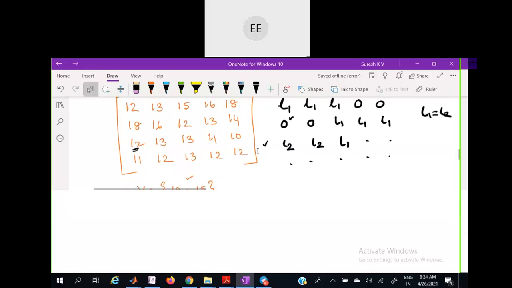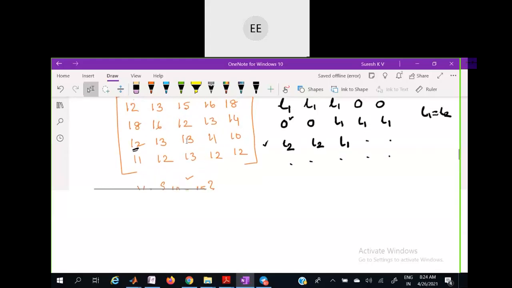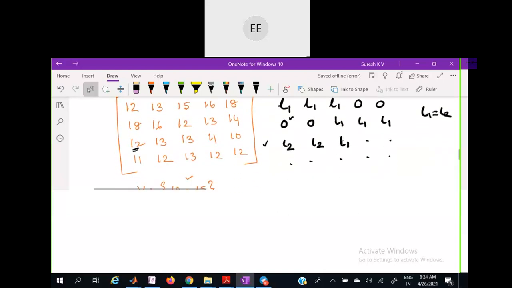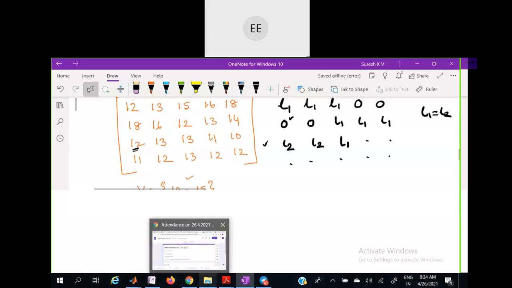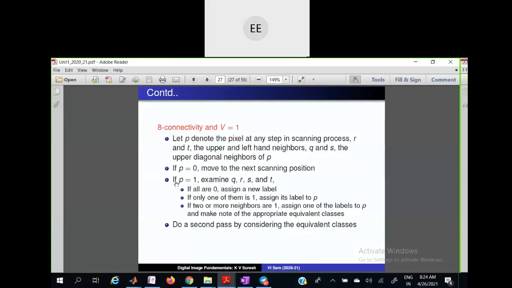I'll be happy if any of you develop code for a general image where the algorithm takes V as the input, what range you want to define, and then passes over the image two times, on either 4 connectivity or 8 connectivity, and gives me the labels. Do this in the lab sometime, and if any of you share the program with me, I can discuss it in the class later.